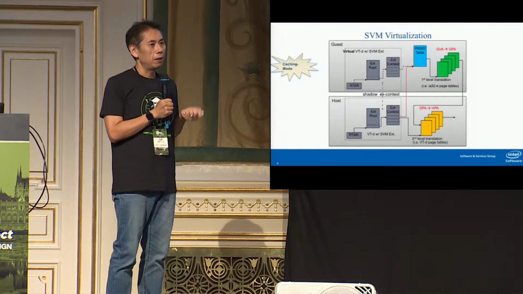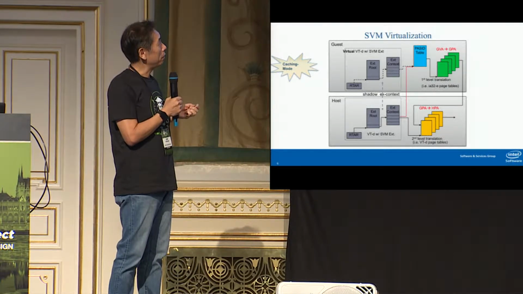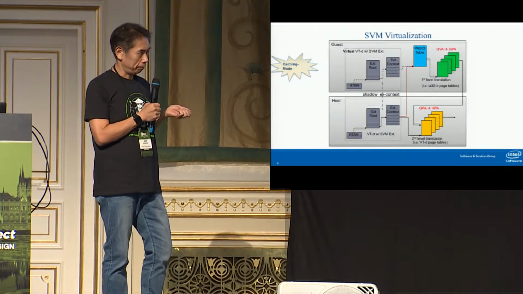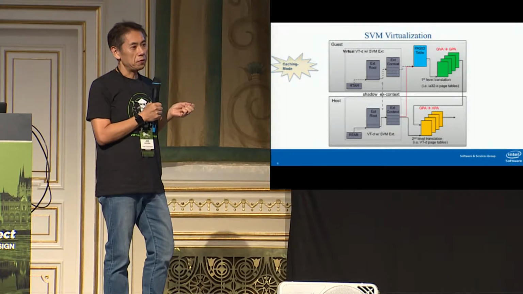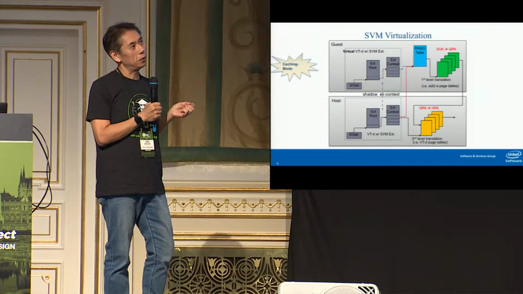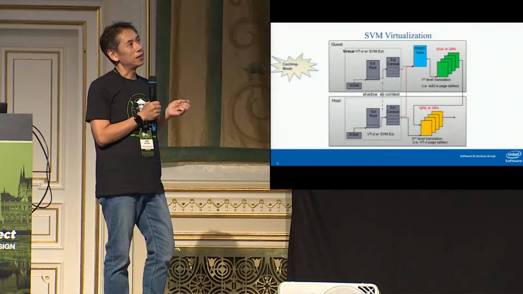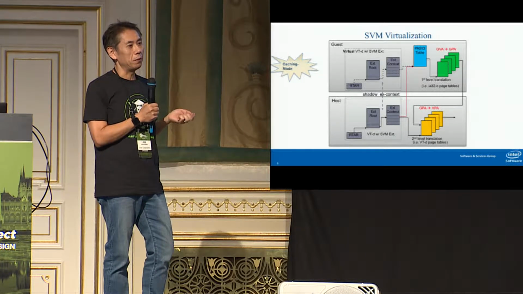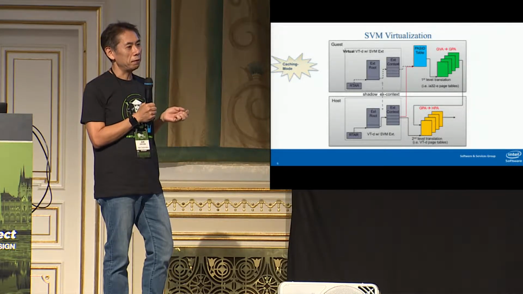The complexity is that this nested VTD converts guest physical to, sorry, on the native side it converts guest physical to machine physical. If you do this in virtualization, guest physical is not really guest physical, it's virtual guest physical.